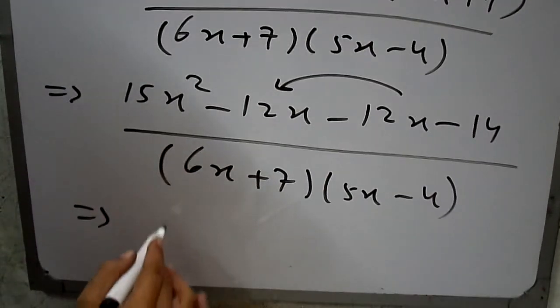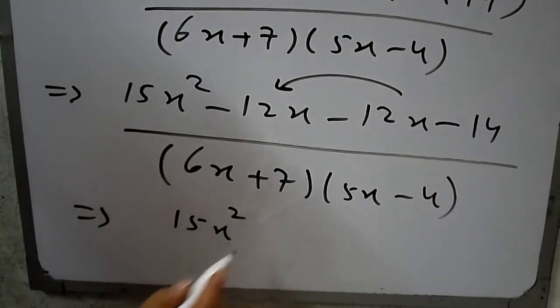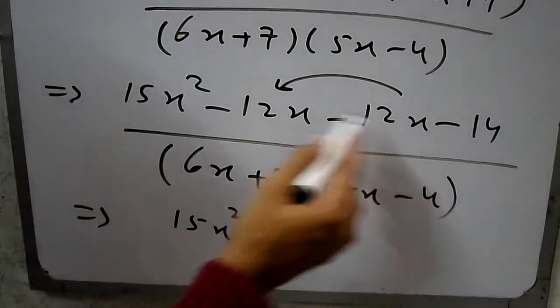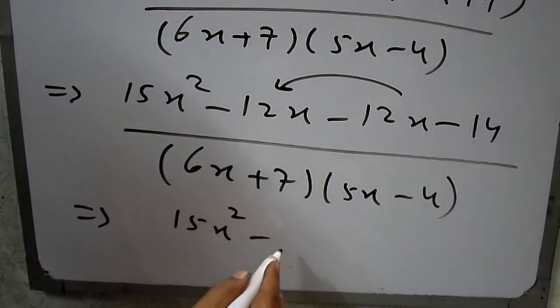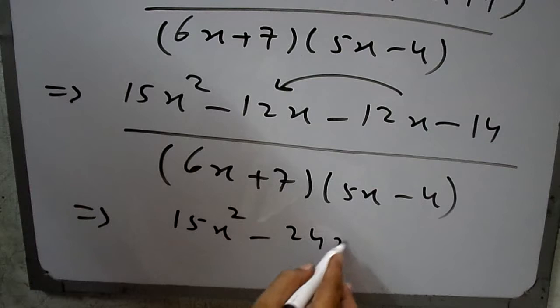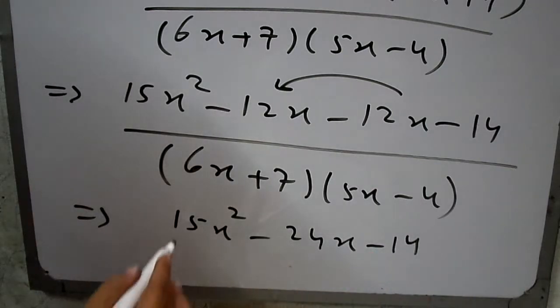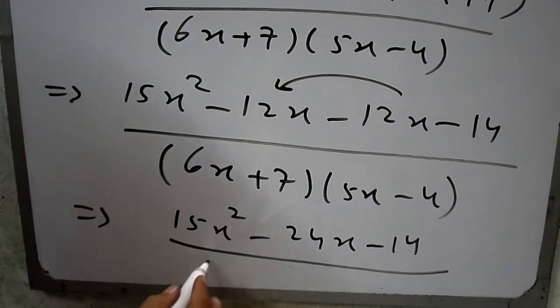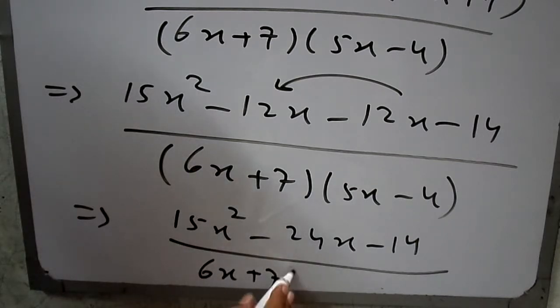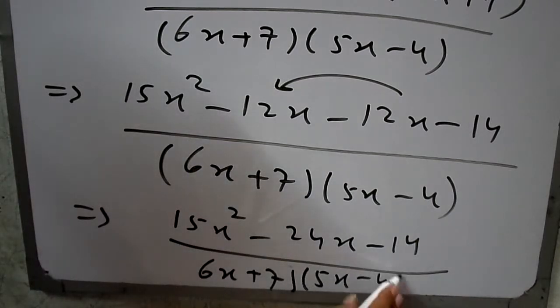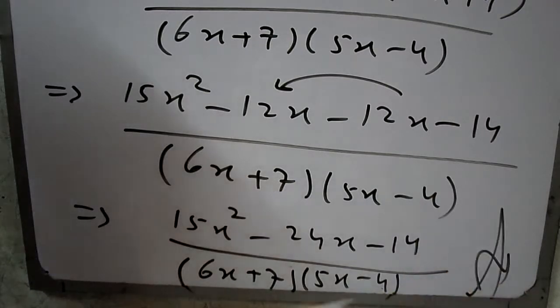So you will get 15x square and 12, so you will get 24x and minus 14, and here is 6x plus 7 into 5x minus 4. So that is your result.